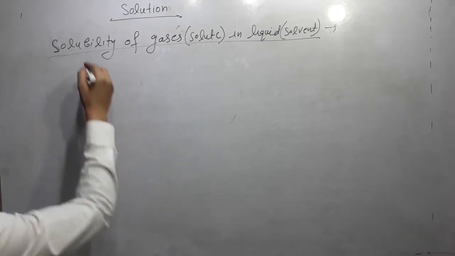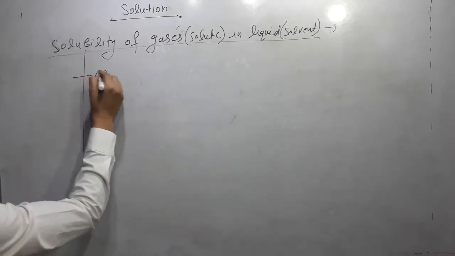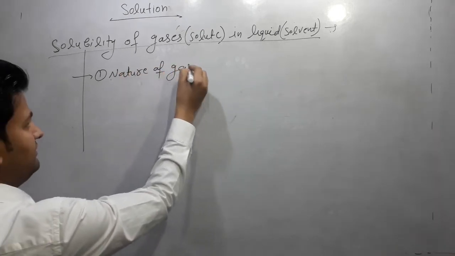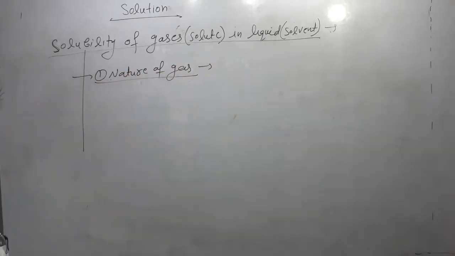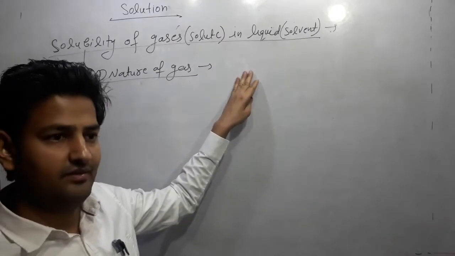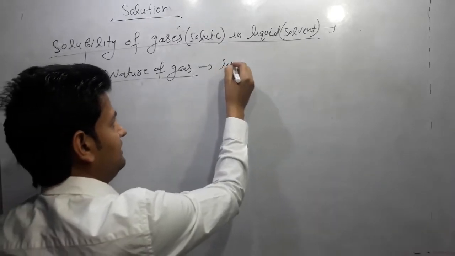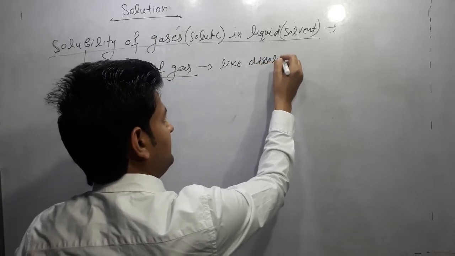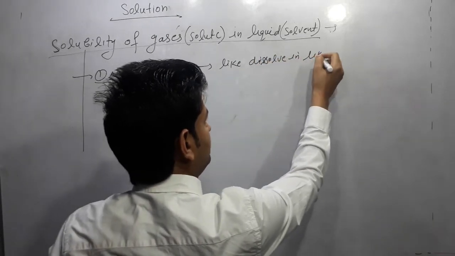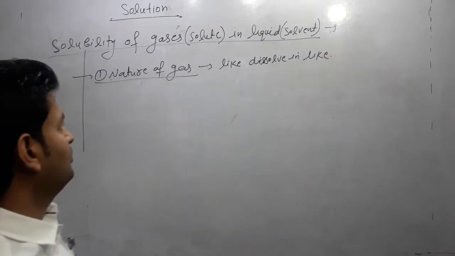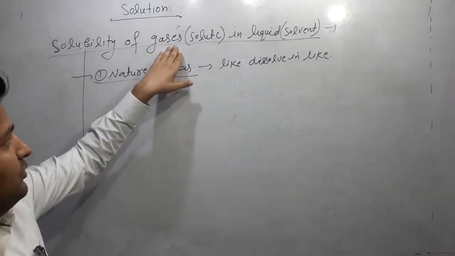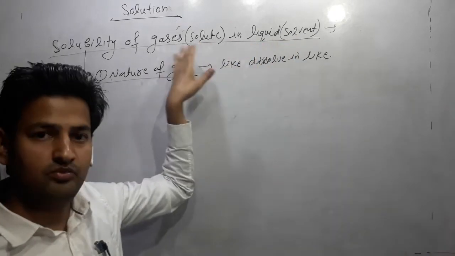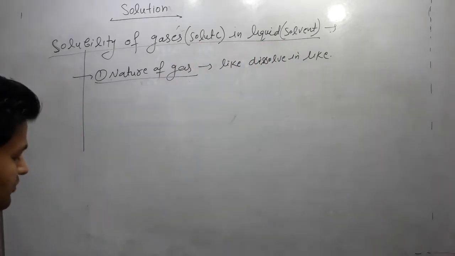First is the nature of gas. It is the same as discussed earlier, because like dissolves in like. It means polar gas molecules, which act as a solute, dissolve in the polar, and non-polar will dissolve in the non-polar.